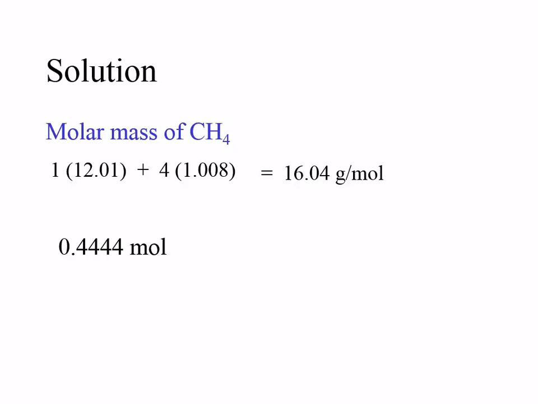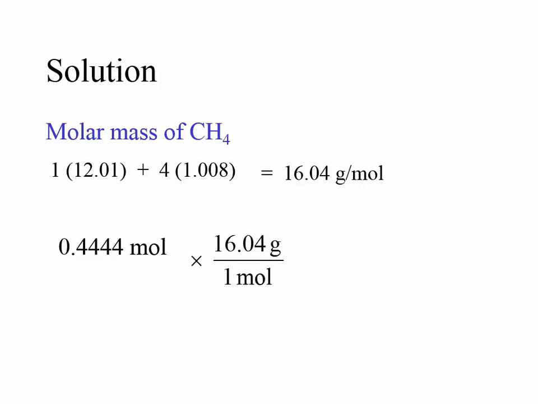0.444 moles over 1. Sometimes these problems are so fun coming up with just the bogus numbers to start out with. The next number is not bogus though. So how do we let moles cancel and be left with units of grams? 16.04 grams over 1 mole. Yep, 16.04 grams over 1 mole.